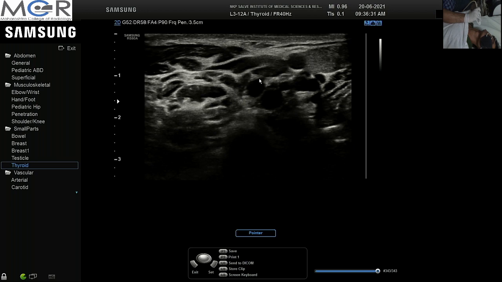In a pediatric patient, a cystic lesion occurring at this site, below the submandibular gland, at the anterior margin of the sternocleidomastoid muscle, behind the submandibular gland and anterior to the carotid bifurcation, is the classical site for the appearance of second branchial cleft cyst.